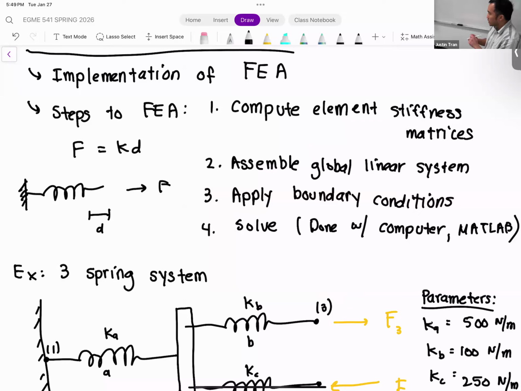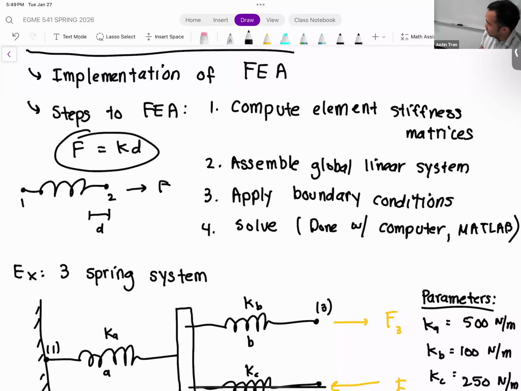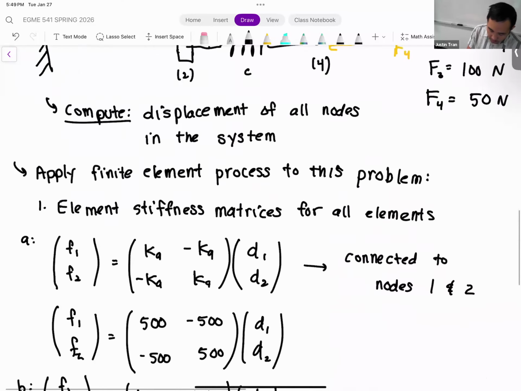What we did last time is we generalized this, where if you don't have a wall here, you basically have a free spring where each side of the spring individually deforms, right? And we generalized this equation. That's how you get these negatives here.